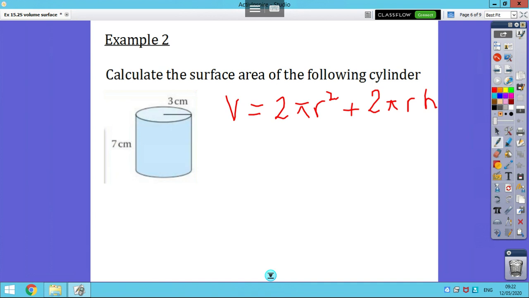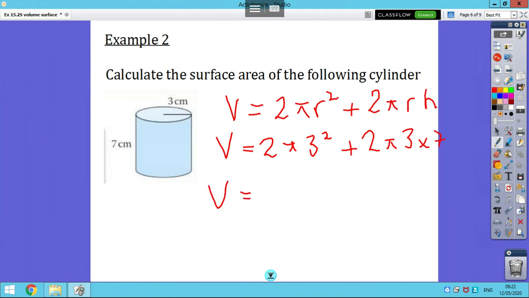If you want to, you can literally just substitute those in. Actually, in fact, that's what I'm going to do. So it's going to be 2 pi 3 squared plus 2 pi 3 times 7.